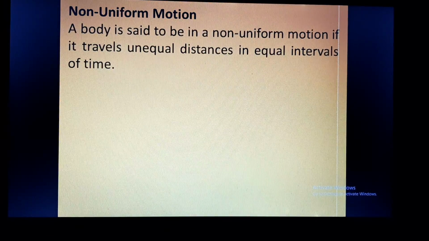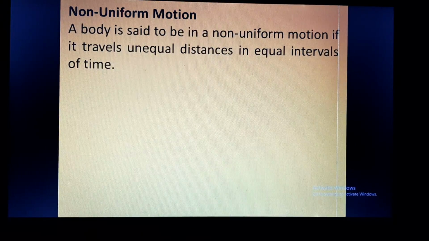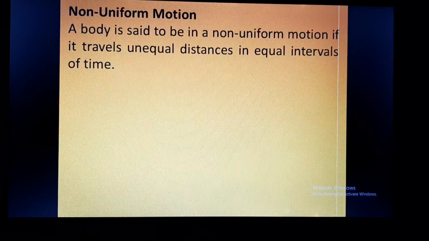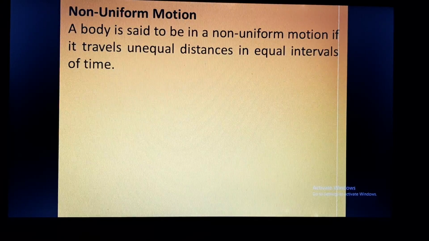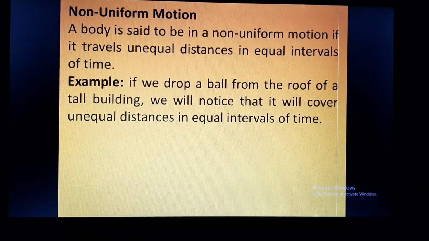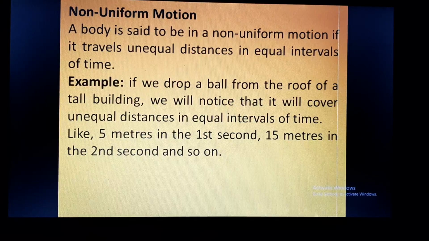Non-uniform motion: a body is said to be in non-uniform motion if it is not traveling equal distances in equal intervals of time. That means it is traveling unequal distances. For example, if we drop a ball from the roof of a tall building, we are not throwing it, we are freely dropping it, we will notice that it will cover unequal distances in equal intervals of time.